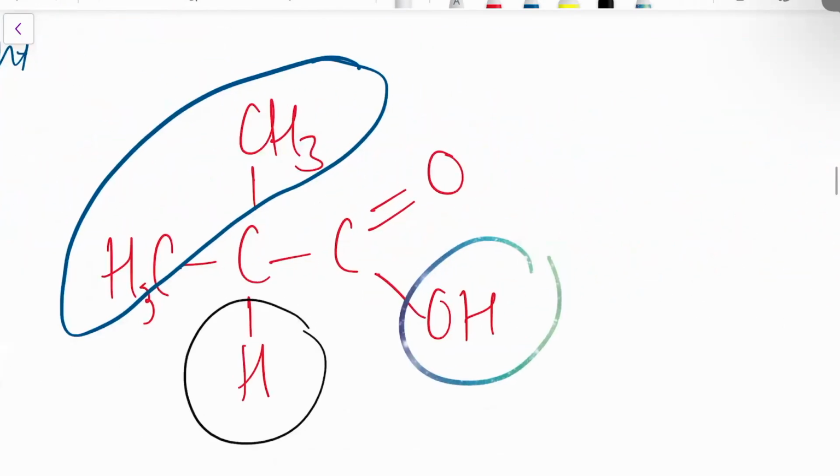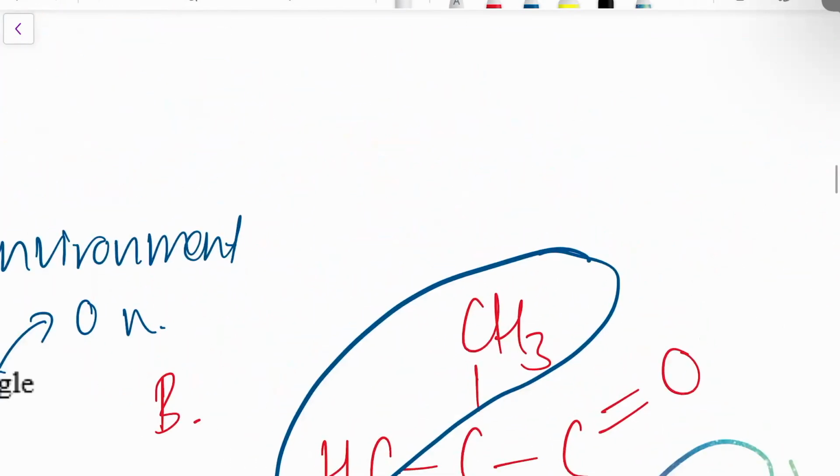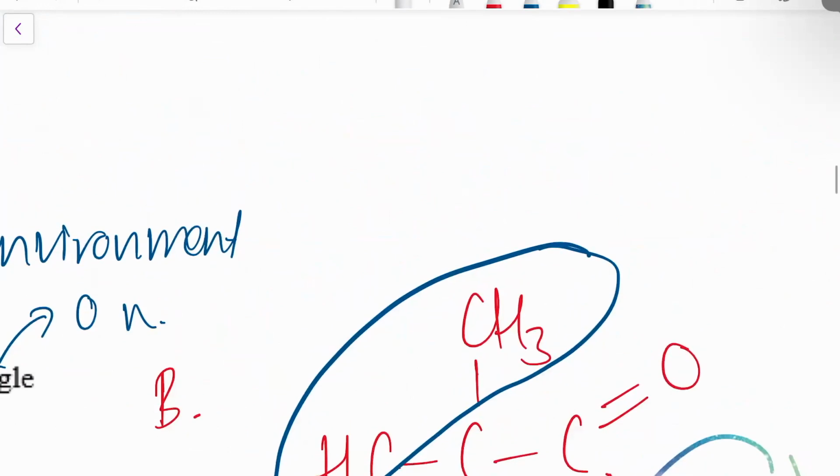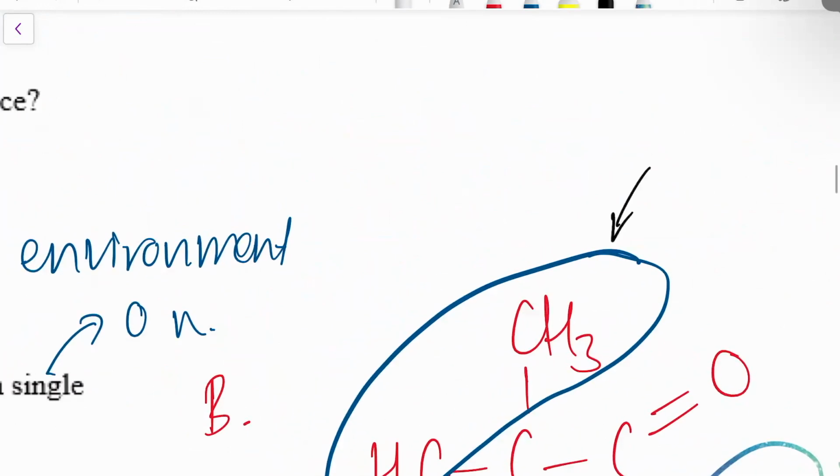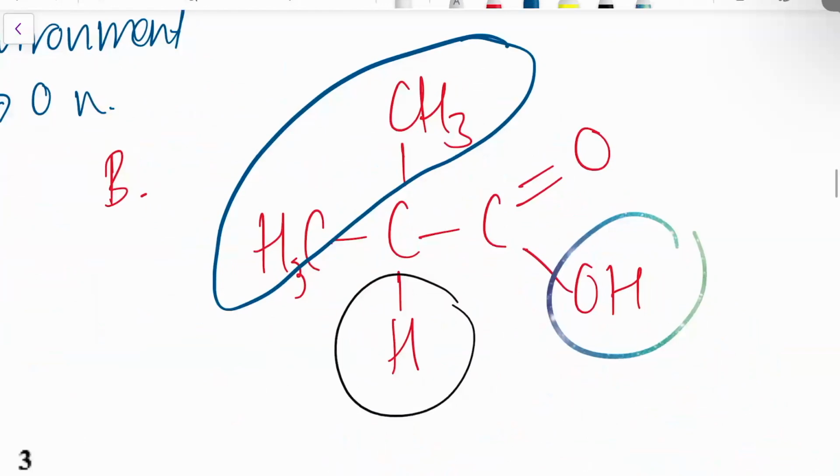These 6 hydrogens in blue, how many neighbors do they have? 2?